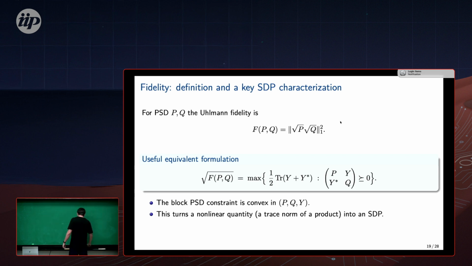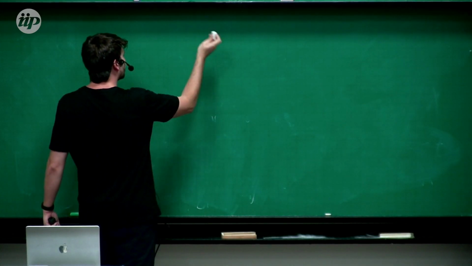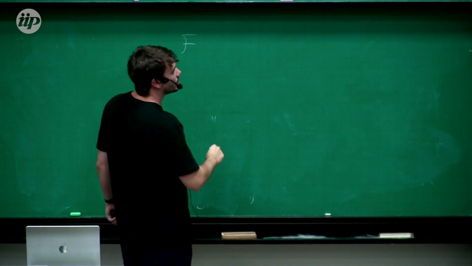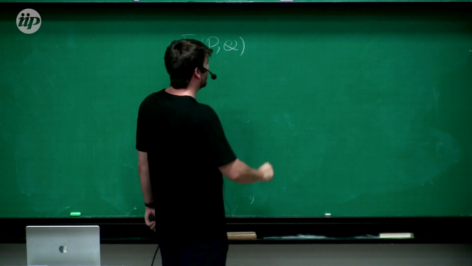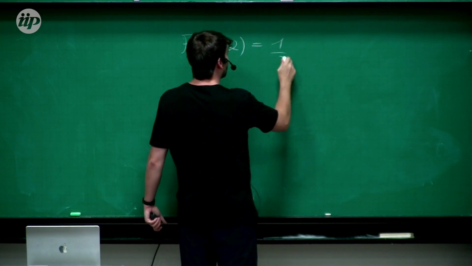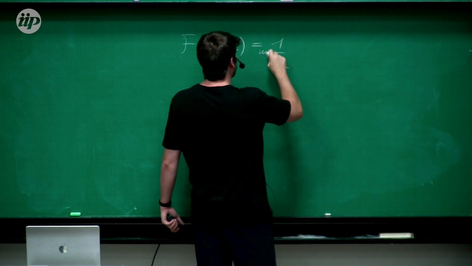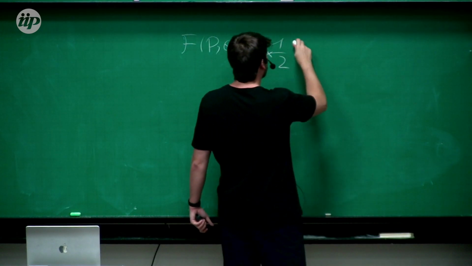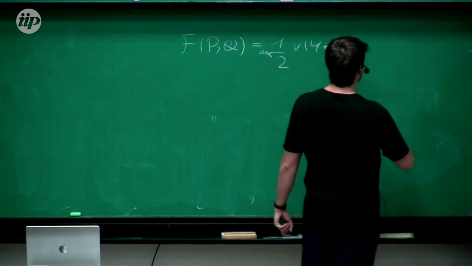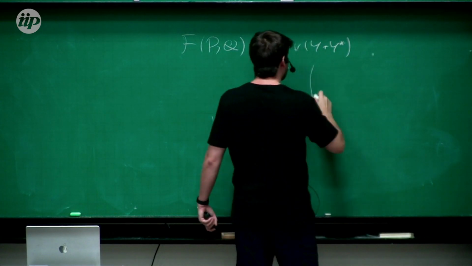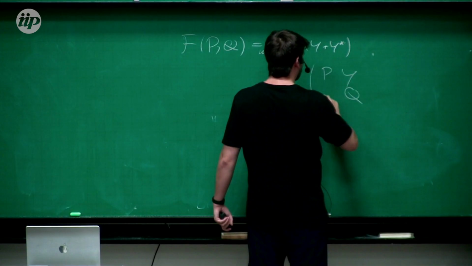So the result is that if I want to compute the fidelity of P and Q, I can write this as the maximum of 1/2 trace of Y plus Y star over all the matrices such that the block matrix with P, Q, Y is positive semidefinite.